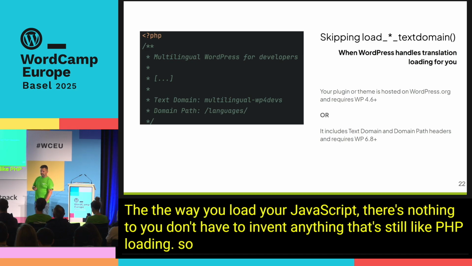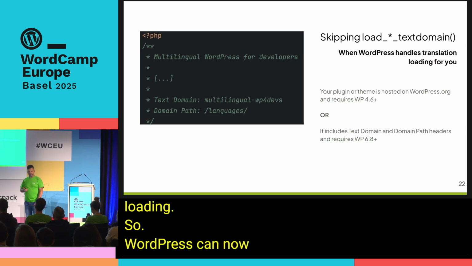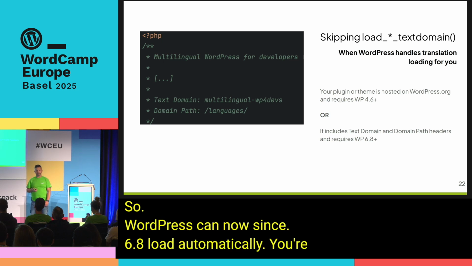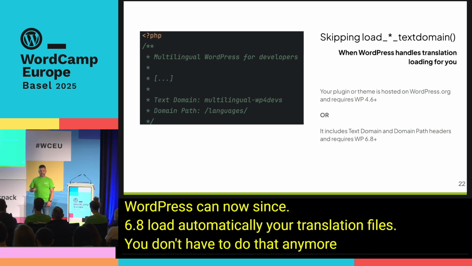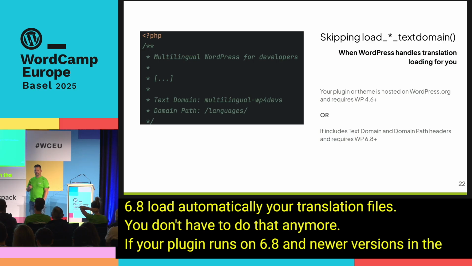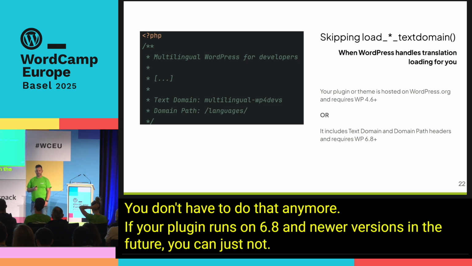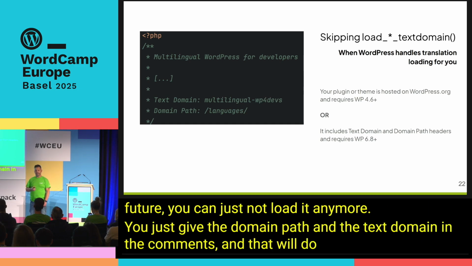So WordPress can now, since 6.8, load your translation files automatically. You don't have to do that anymore. If your plugin runs on 6.8 and newer versions in the future, you can just not load it anymore. You just give the domain path and the text domain in the comments, and that will do everything.